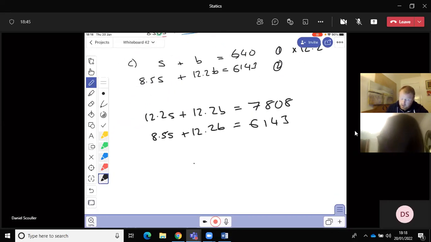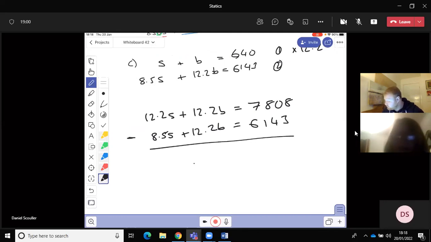Now to eliminate that second term, we take away that second equation from the first equation. We do that in a vertical, that's why we put it in this format, we write it out like this. So 12.2 minus 8.5 times S is 3.7S.